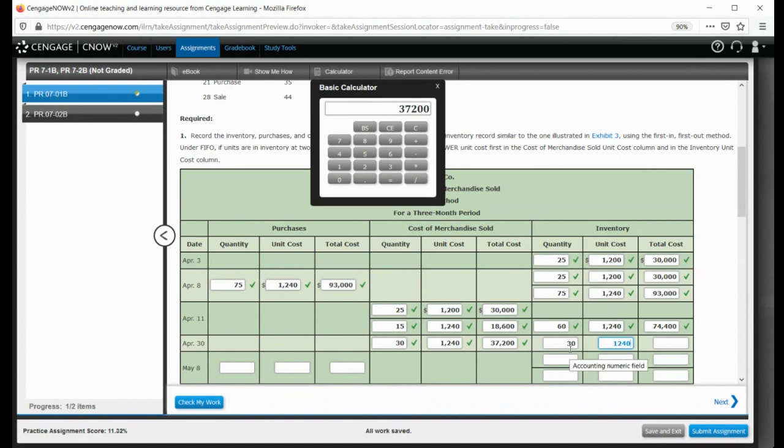Then we're going to multiply 30 times $12.40, and that will give you $37,200. That's the amount of our ending inventory on April the 30th.